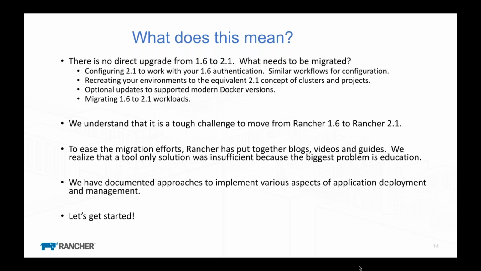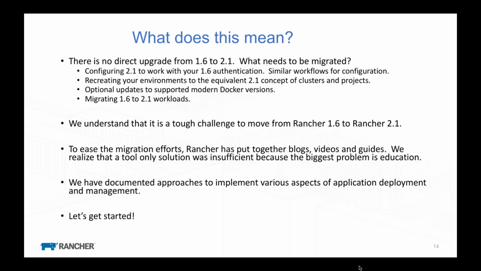The second big thing is to recreate your environment. In 1.6, you had the notion of an environment, which really was your scope of nodes and the resources that you deploy on that. And in 2.1, we've broken that down into the concept of a cluster, which is really akin to a Kubernetes cluster. And then our unique thing we added, which was the concept of projects. So you're going to have to recreate those, re-invite your users, and assign the correct roles.